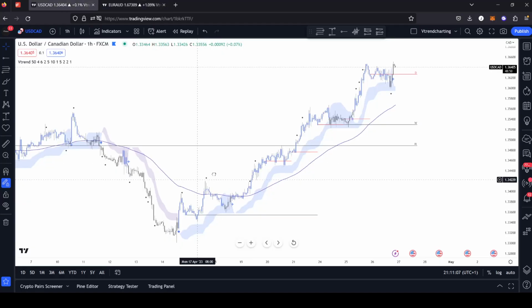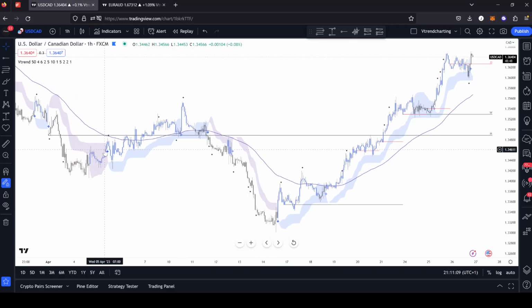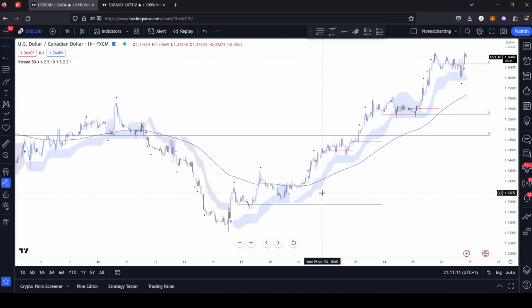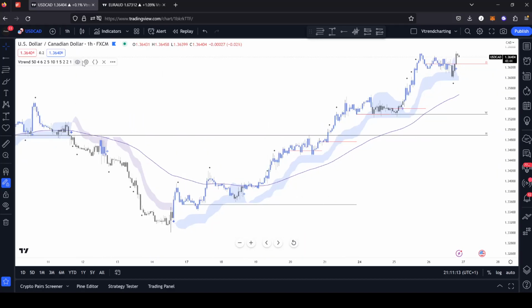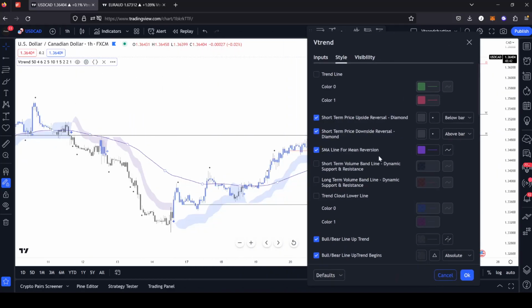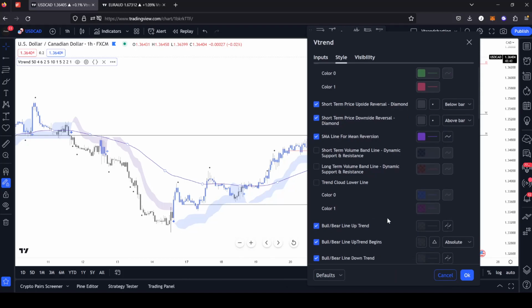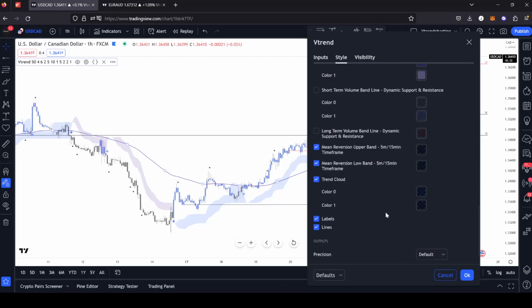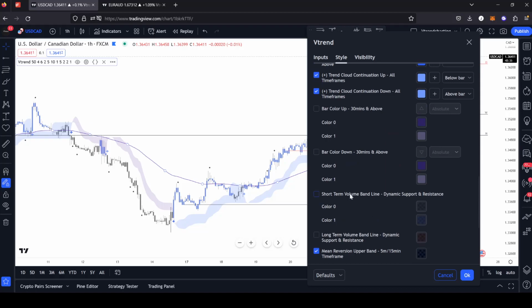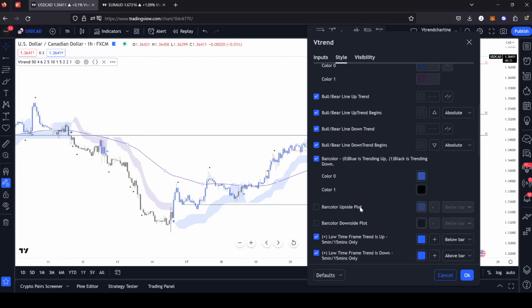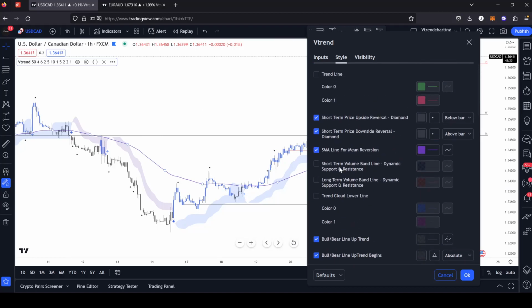Second method, we're going to be looking at the trend cloud signals themselves. In this case, I have put the mean reversion line on, and I'm also going to put the blue volume band line on as well. Instead of the entire band, I'm just going to put the line on, wherever it is.